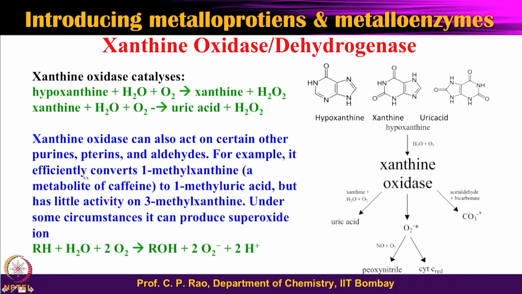So, for example, it efficiently converts 1-methyl-xanthine. 1-methyl-xanthine is a metabolite of caffeine in the body. When you consume caffeine, it metabolizes and gives 1-methyl-xanthine. That will convert to 1-methyl uric acid. But suppose the system has 3-methyl-xanthine, that will not react, because the orientation is also important.